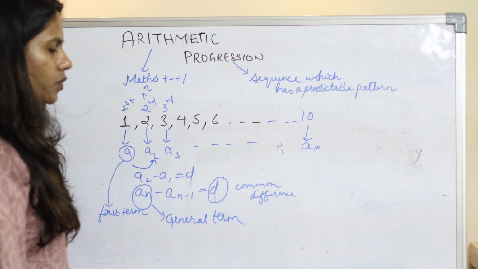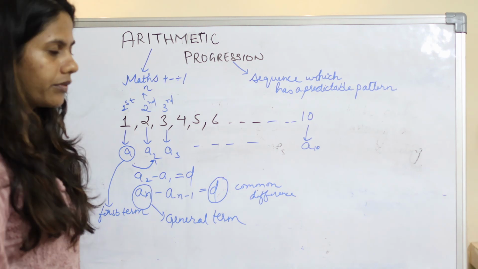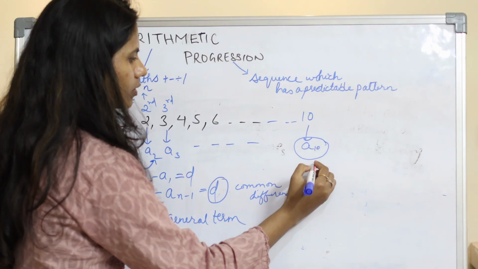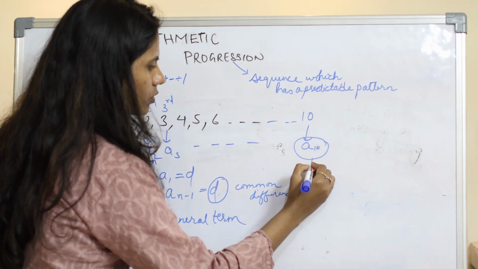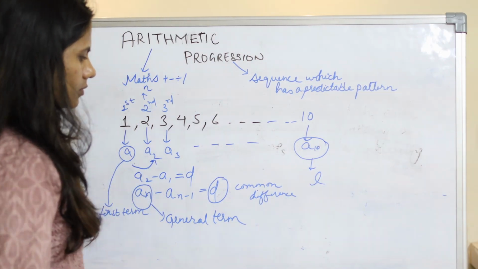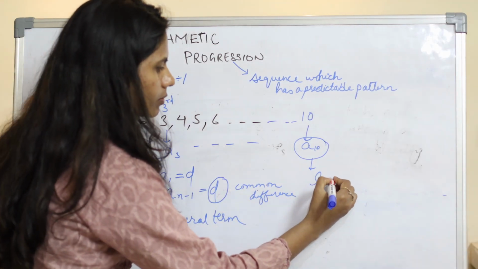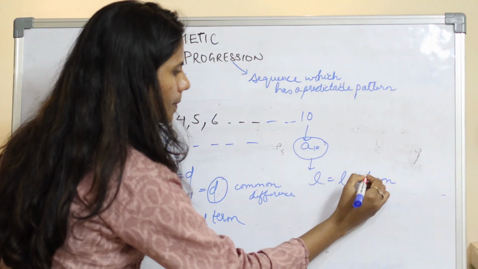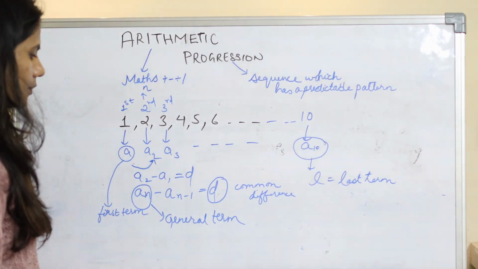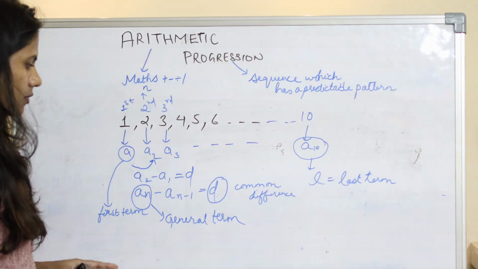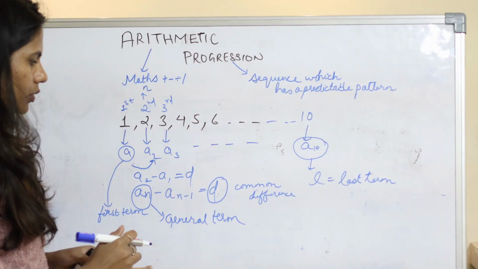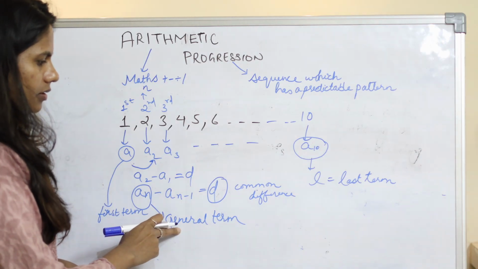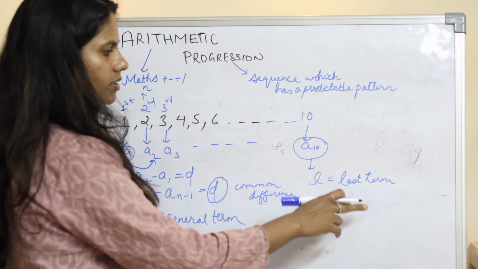For convenience, it is also called L. L means the last term. So now you are clear. A is the first term, An is the general term, D is the common difference, L is the last term.